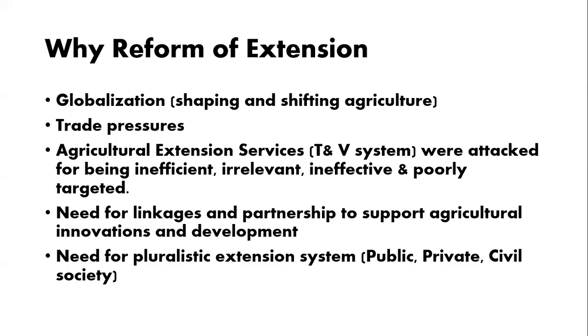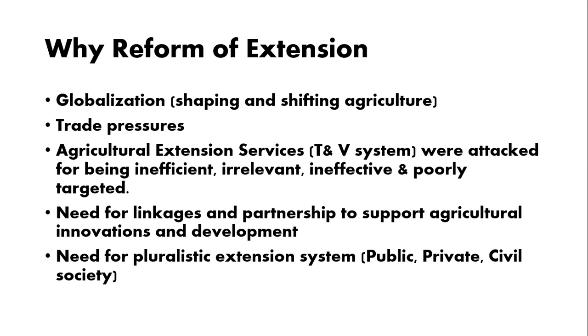Imagine the two people competing. One is producing for the local market, one is producing for the international market. One is taking a huge margin, and the local one is always poor. So that globalization effect is always shifting and shaping agriculture, creating stress for the farmer to change, to go with technology, to go with IT. Therefore, that system should be reformed.